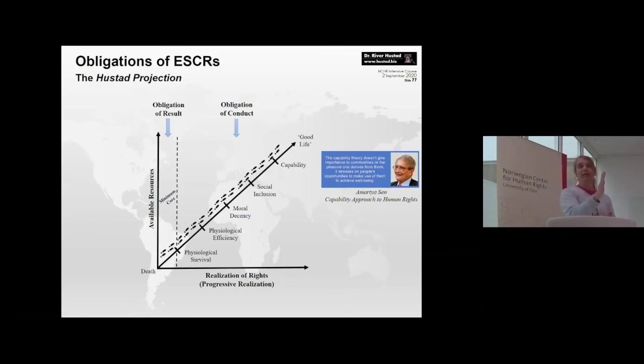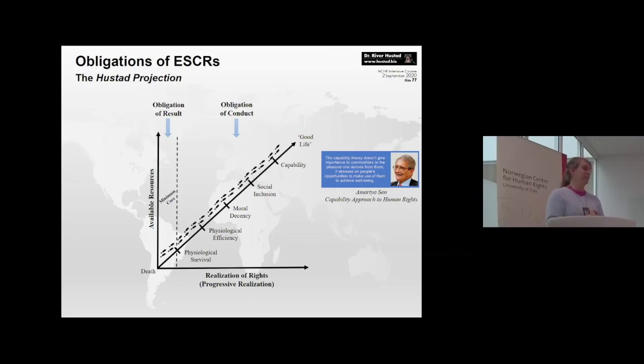But if a state has lots of resources, but the realization is very low, then we can say that this is probably a violation of the covenant. And if the minimum core there with the dotted line, if people are dying within the country because of lack of food or whatever, then that's an immediate failure, an immediate violation.